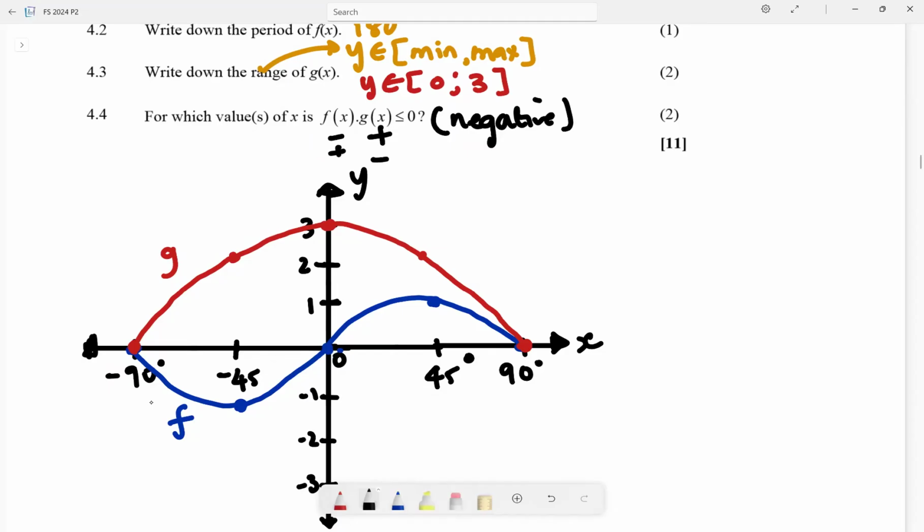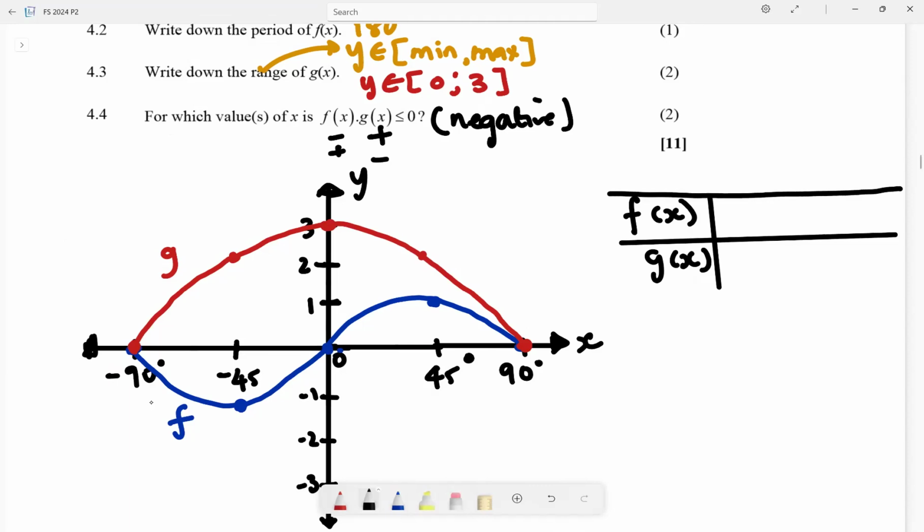So I'll say f of x and g of x. I want those points. Okay? Where f of x is positive and g of x is negative.